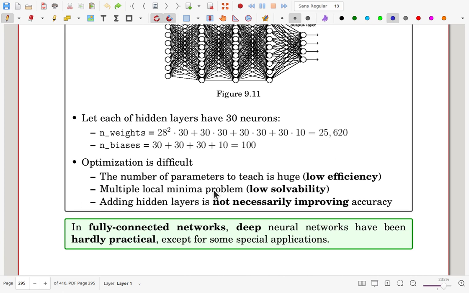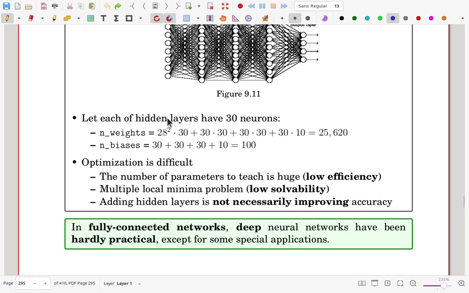In general, adding hidden layers is not necessarily improving accuracy. In fully connected networks, deep neural networks means many hidden layers. Deep neural networks have been hardly practical except for some special applications.